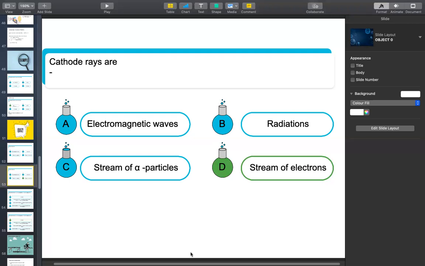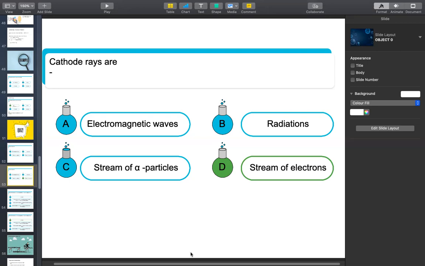So to answer this question, he knew how much electric field he had applied, and he knew the velocity of the beam which was observed. When he used the magnetic field also, he found the angle with which the beam is rotating. So all those things were considered to calculate the E by M. Got it? So he sort of indirectly measured it.